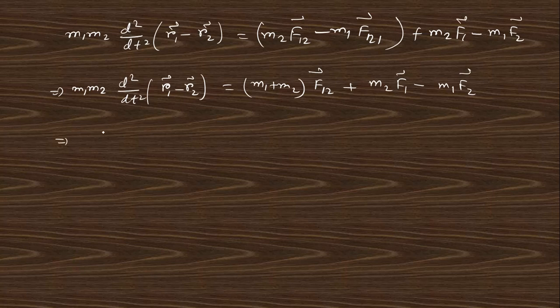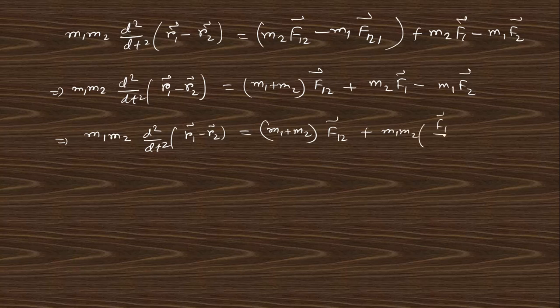So if you divide by m1 plus m2, you can write m1 m2 by (m1 plus m2) d2 by dt square of (r1 minus r2) equals F12 plus, taking m1 m2 as common, m1 m2 by (m1 plus m2) times (F1 by m1 minus F2 by m2).